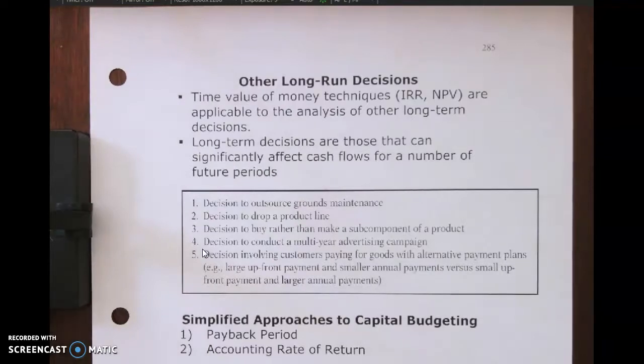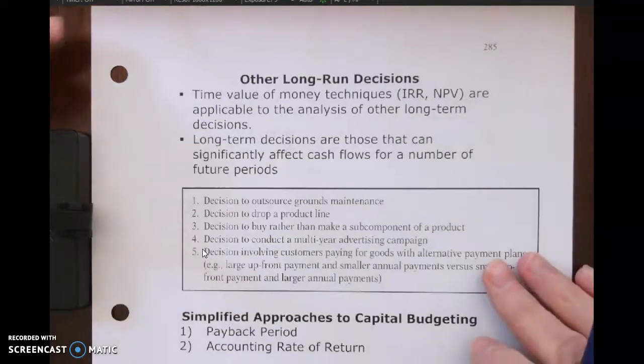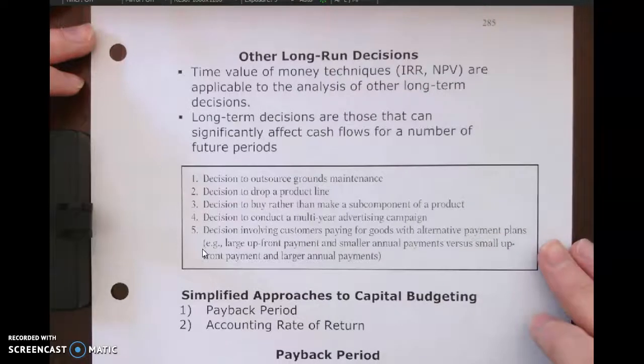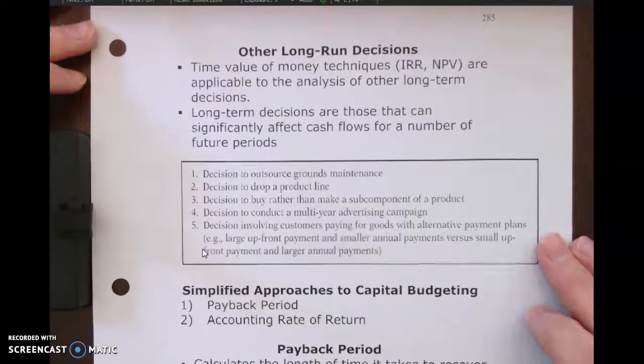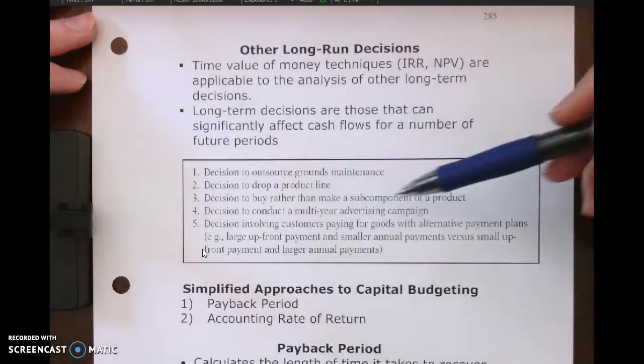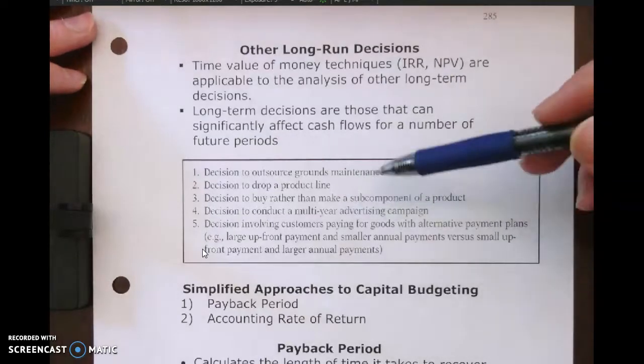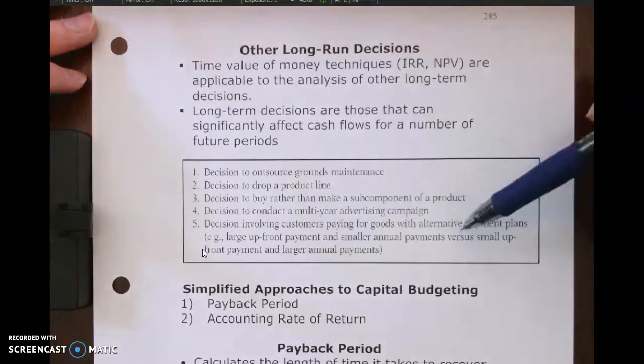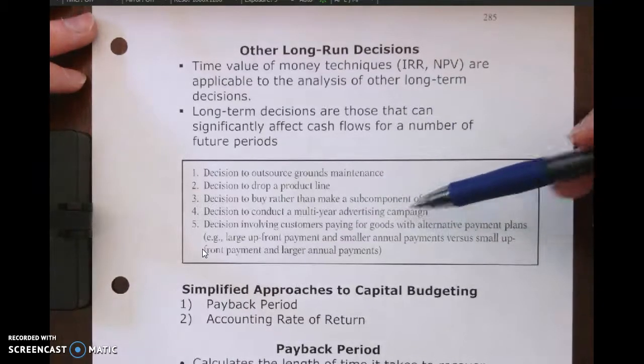I gave you the example of pursuing an MBA full-time, and you would want to use net present value and/or internal rate of return for your decision to pursue an MBA full-time. Some other decisions that a company might run into in which they should use NPV or internal rate of return would be something like outsource grounds maintenance, drop a product line, the decision of whether to buy rather than make a product, advertising.